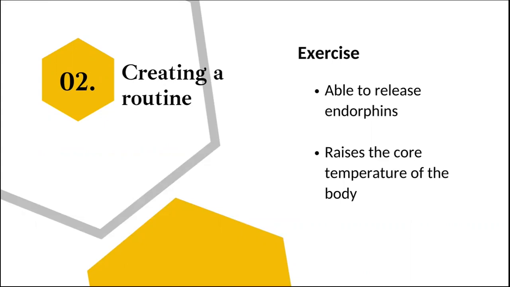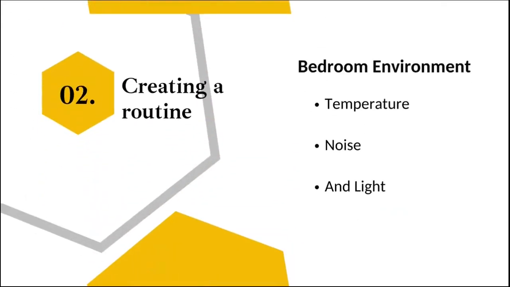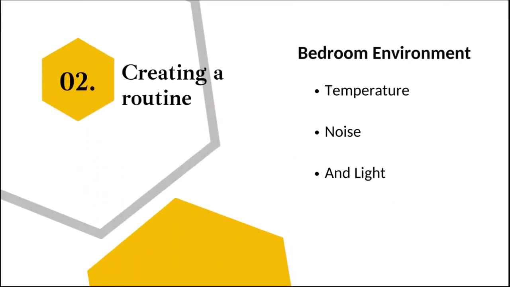Now that we have set the body to feel sleepy, it is now time to set the environment to be optimized for sleeping. Creating this type of bedroom environment, one should focus on 3 things: temperature, noise, and light. Keeping the temperature low allows the body to feel comfortable, which makes the body feel sleepy.